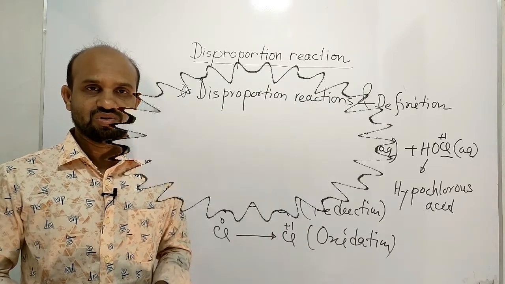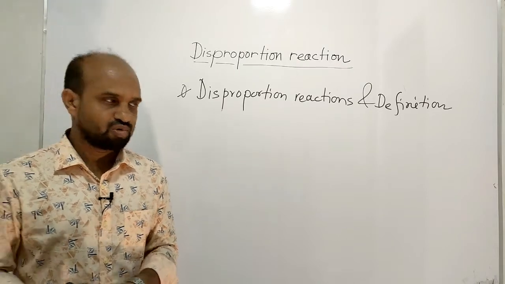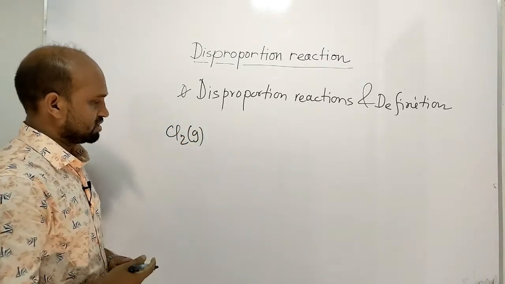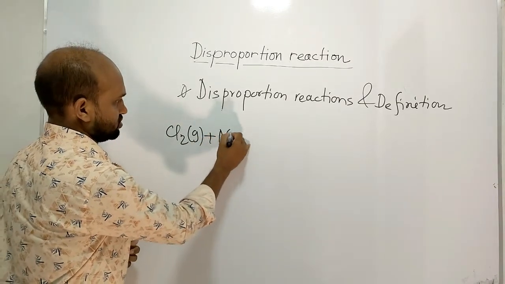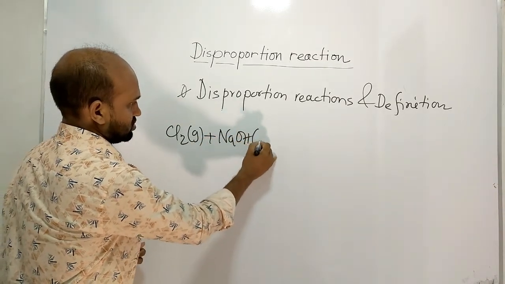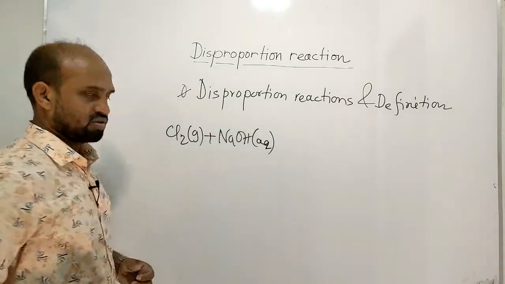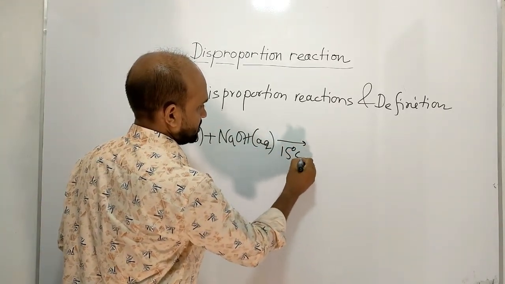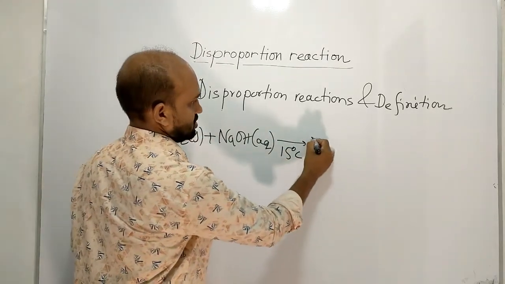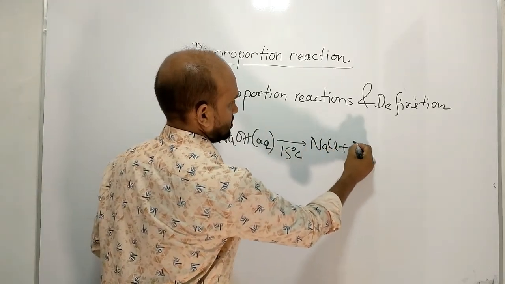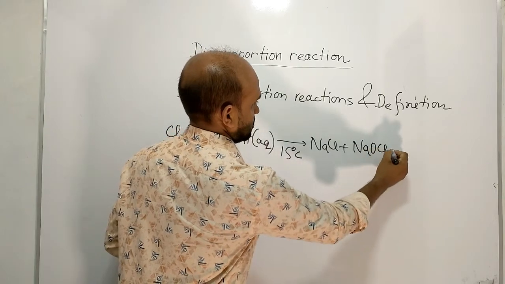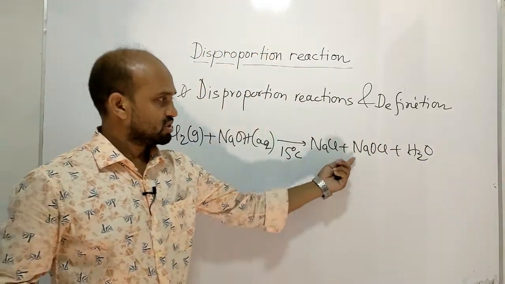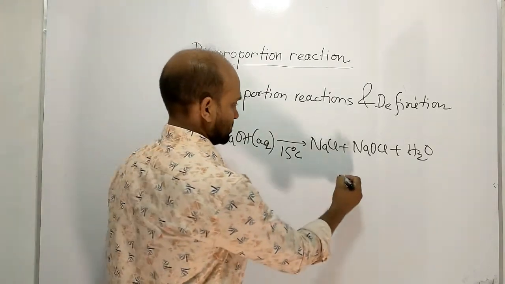Let's see another example. Now the example is when chlorine gas is passed through sodium hydroxide at a temperature of 50 degrees Celsius, then sodium chloride, sodium hypochlorite and water are formed. This is sodium hypochlorite.